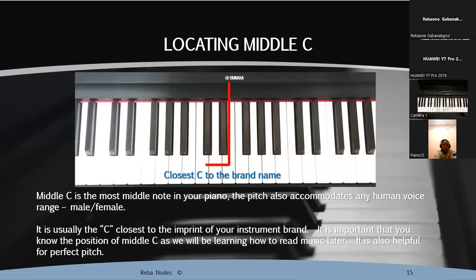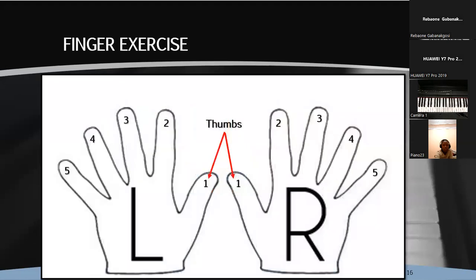Now, those who play brass will tell you that not the posture, but the strength of their lip muscles is very important, because that is what they need to produce sound.